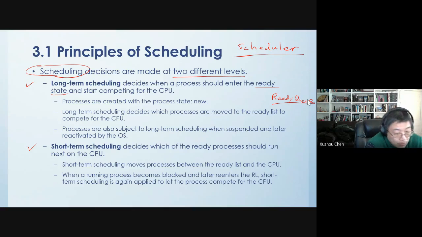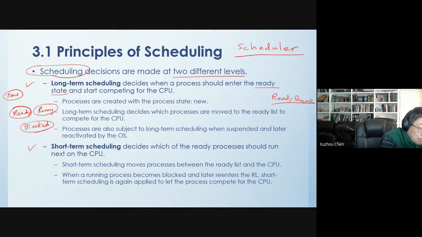So when a process is created, remember that you have three basic states: the ready state, the running state, and what's the other state? It's blocked, right? So the process basically moves back and forth between these three different states. But when the process is first created, it is normally in a new state.